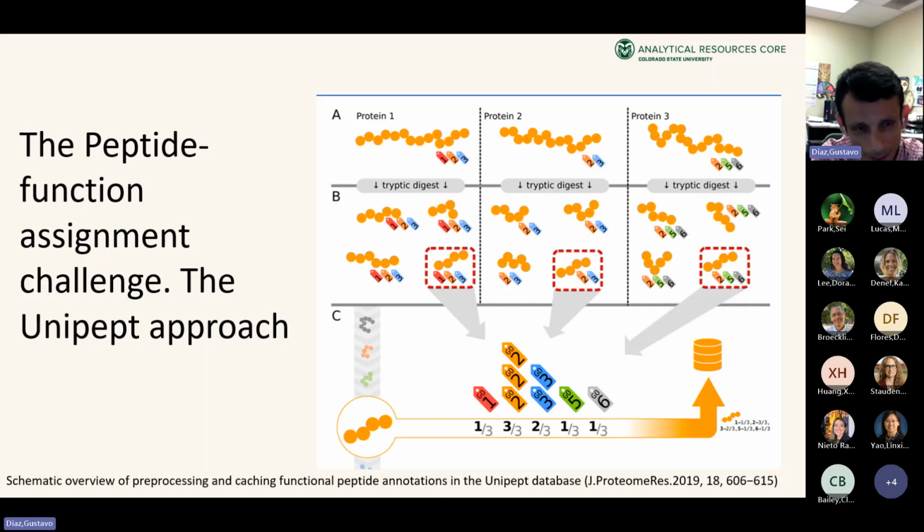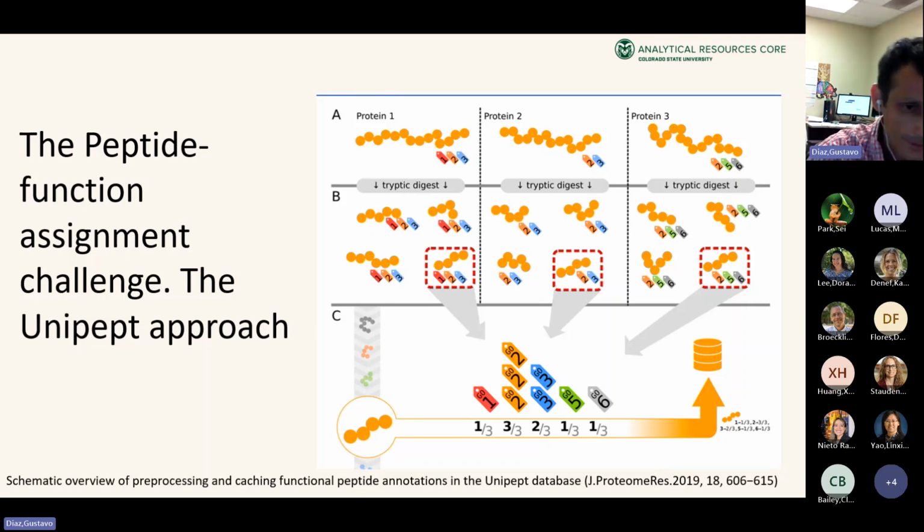So if we are analyzing that sample, what we do is we get the functional annotations, or all the annotations that are linked to that peptide, summarized depending on the number of proteins that are shared.